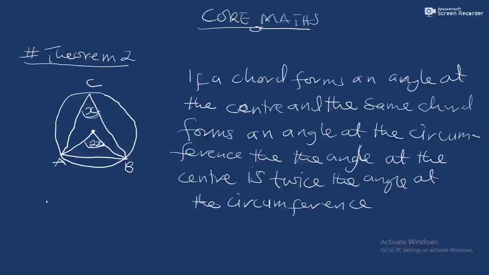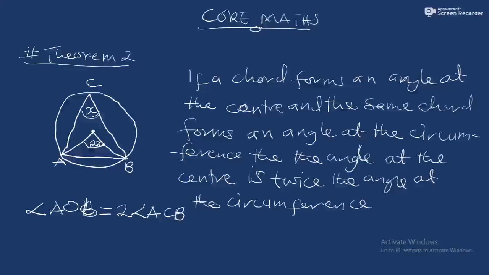So it means that angle AOB is equal to 2 times angle ACB.